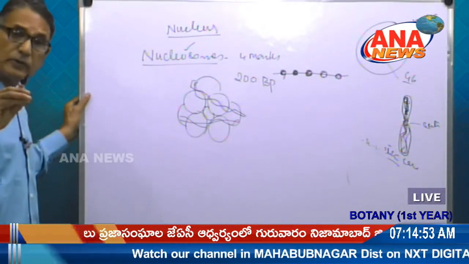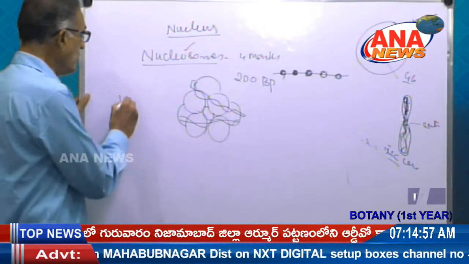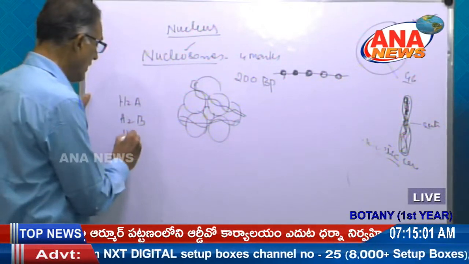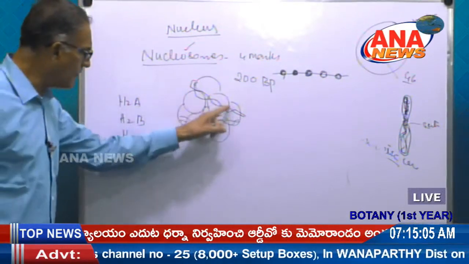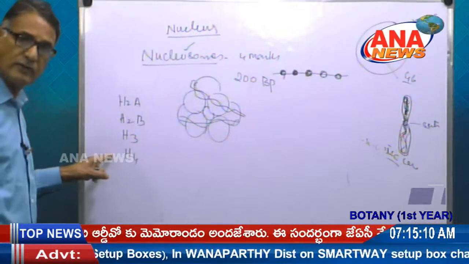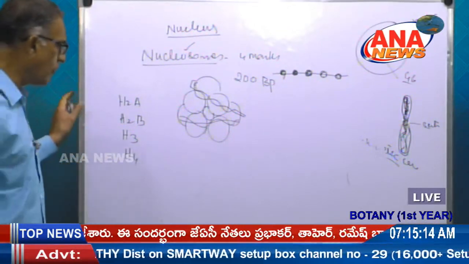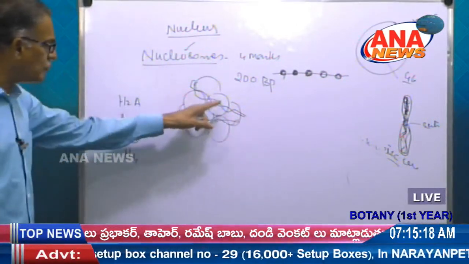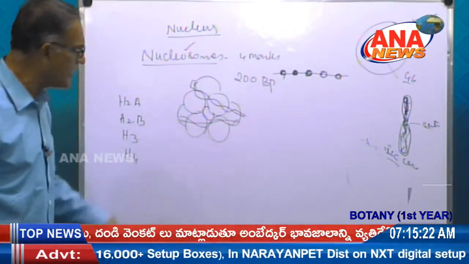That is H2A, H2B, H3, H4. The octamer is made up of 8 histone proteins, 2 copies each of 4 histones. The histone octamer is wrapped around with double helix DNA.